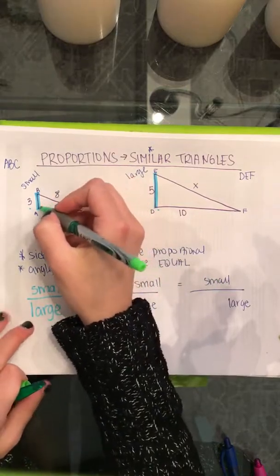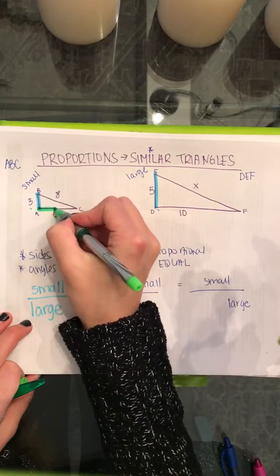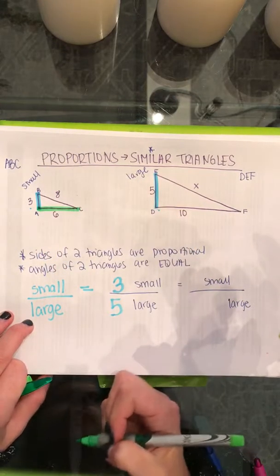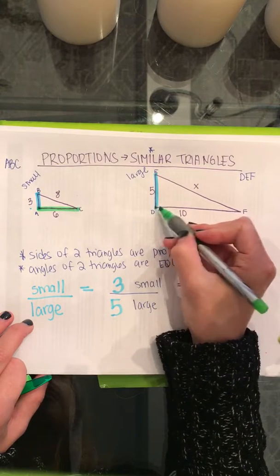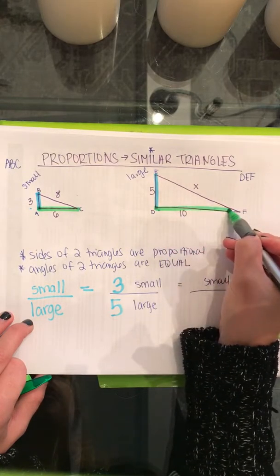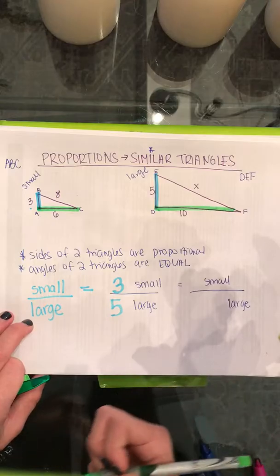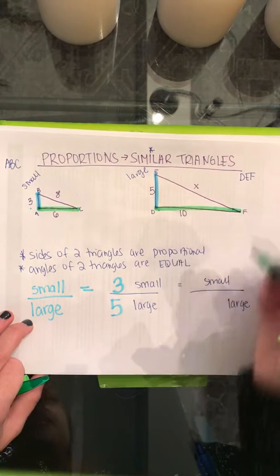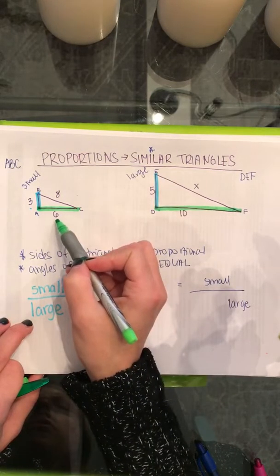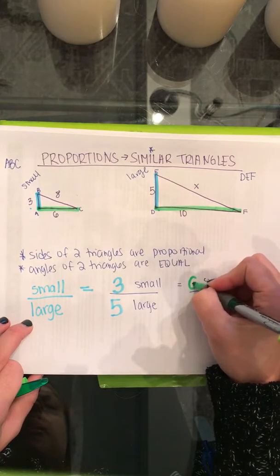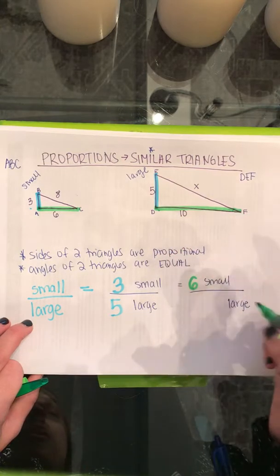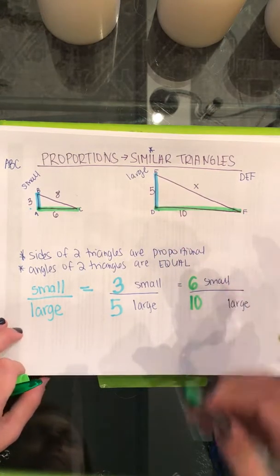Got this bottom side here, A to C. Bottom side here on our similar triangle DEF is DF. So we have small triangle 6, large triangle 10.